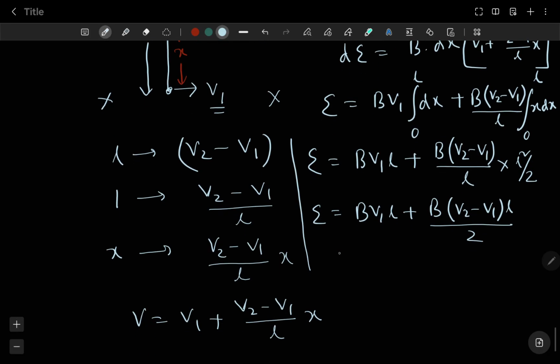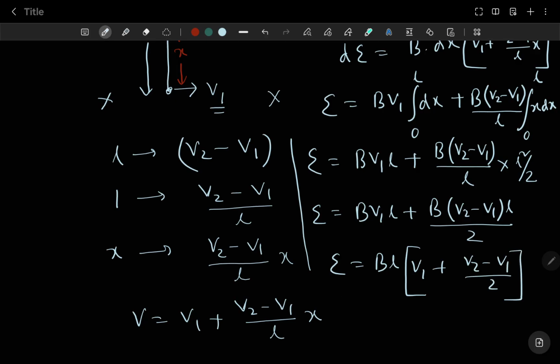So it will be B L common, V1 plus V2 minus V1 by 2.